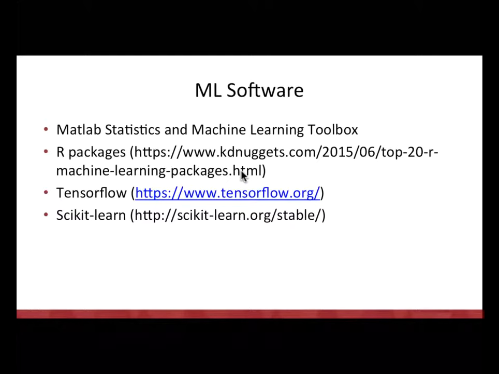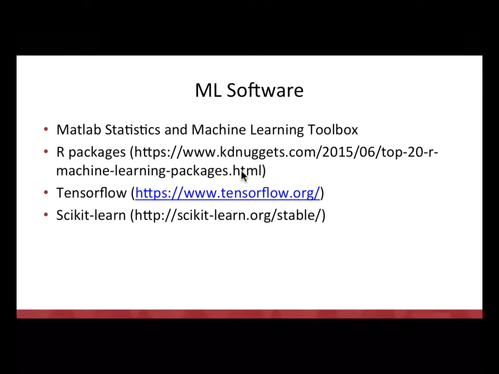TensorFlow is another open source package that a lot of people use. Scikit-learn, I didn't know about before, but it seems to be another growing example of open source. Except for MATLAB, these are open source machine learning tools. And the MATLAB tools are really solid, very good, and most of the R packages, particularly these top-rated ones, are excellent.